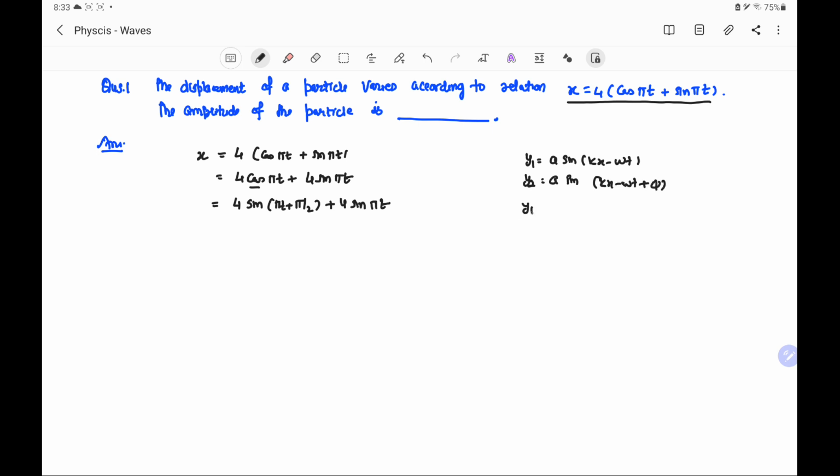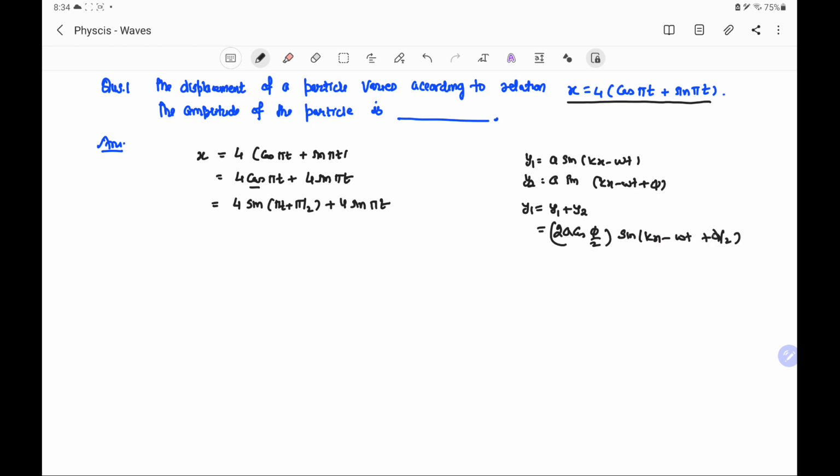And the superposition principle says that if these two waves superimpose in the same medium, this will result in 2a cos(phi by 2), the amplitude of the resultant wave, and sin(kx minus omega t plus phi by 2).